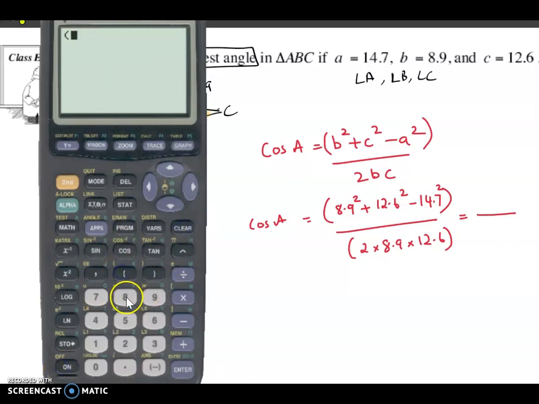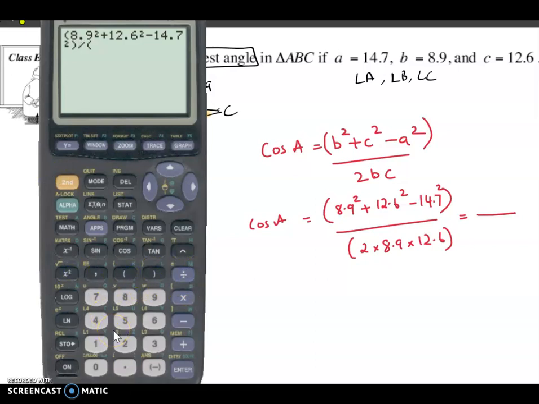So bracket 8.9 squared plus 12.6 squared minus 14.7 squared, close the bracket, divide, and now your denominator.